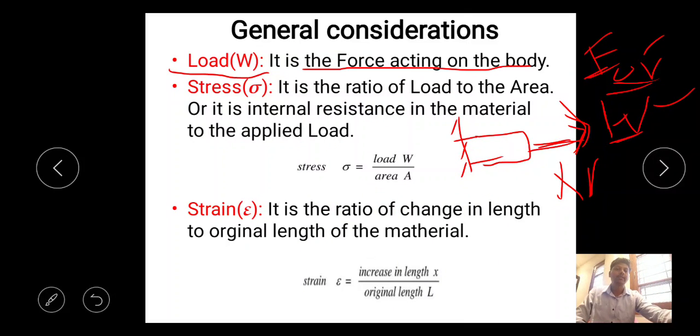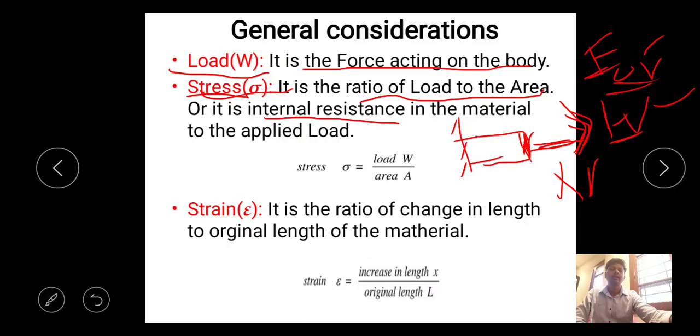So what do you mean by stress? Stress is the ratio of load to the area. Whatever load is acting, divided by the area, is called stress.